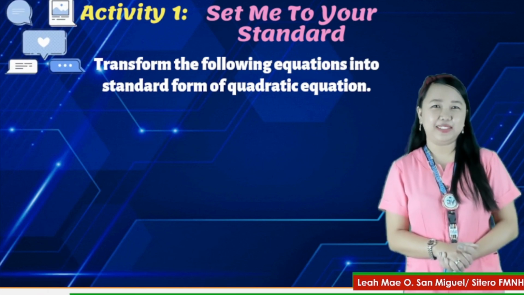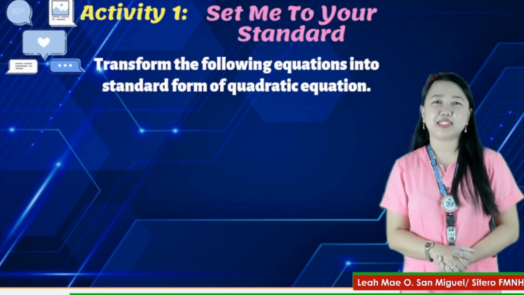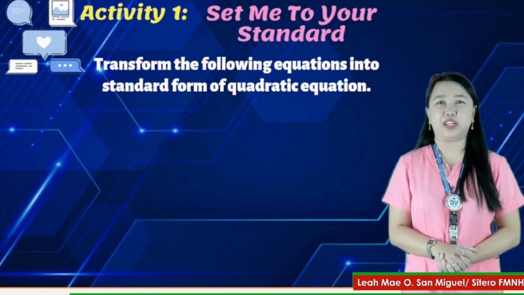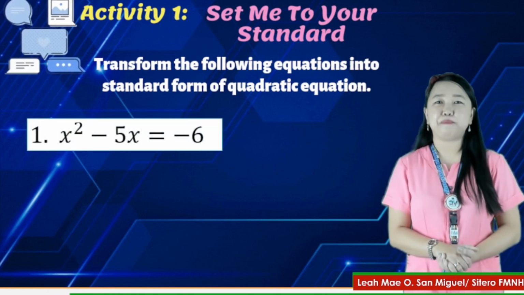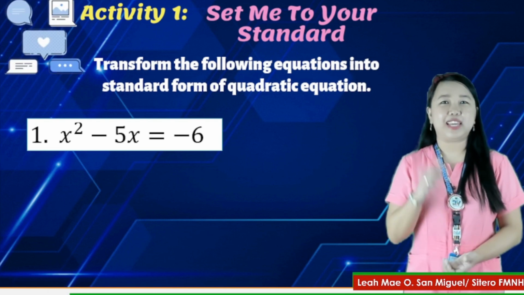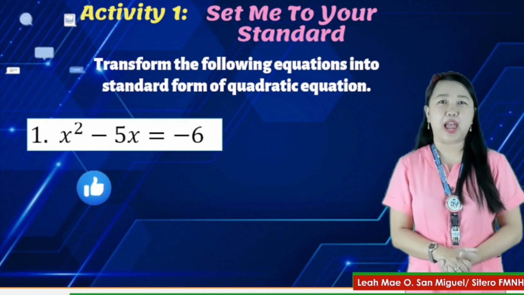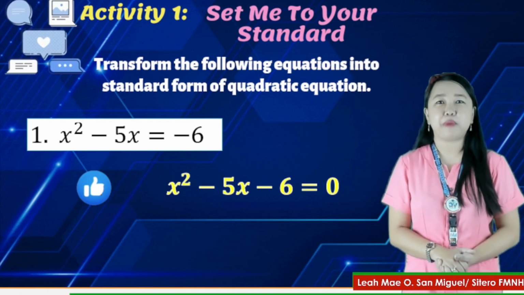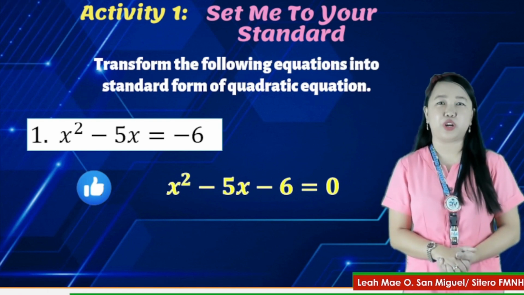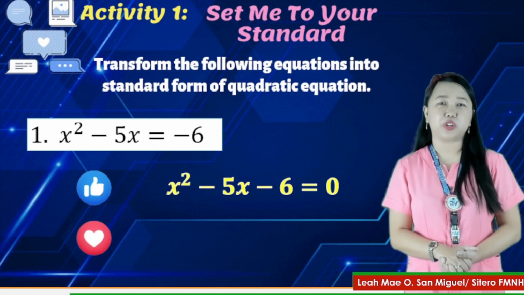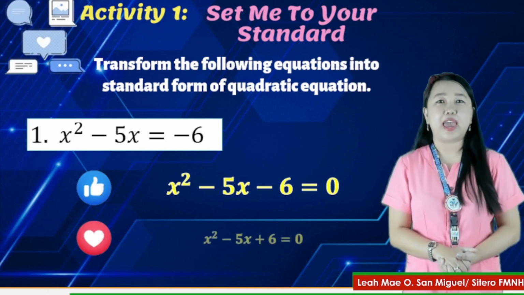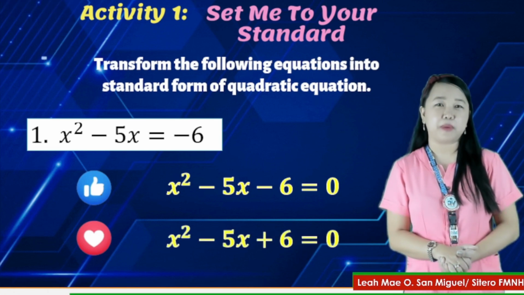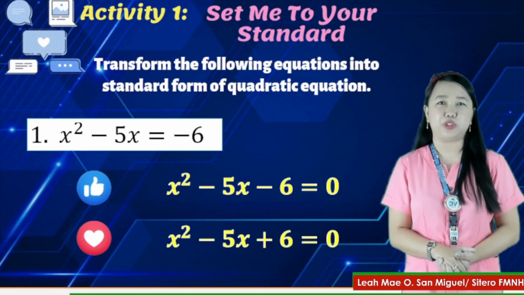Are you ready? Great! Let's have our first equation. X squared minus 5x is equal to negative 6. Click like reaction if your answer is x squared minus 5x minus 6 is equal to 0, and love reaction if your answer is x squared minus 5x plus 6 is equal to 0.